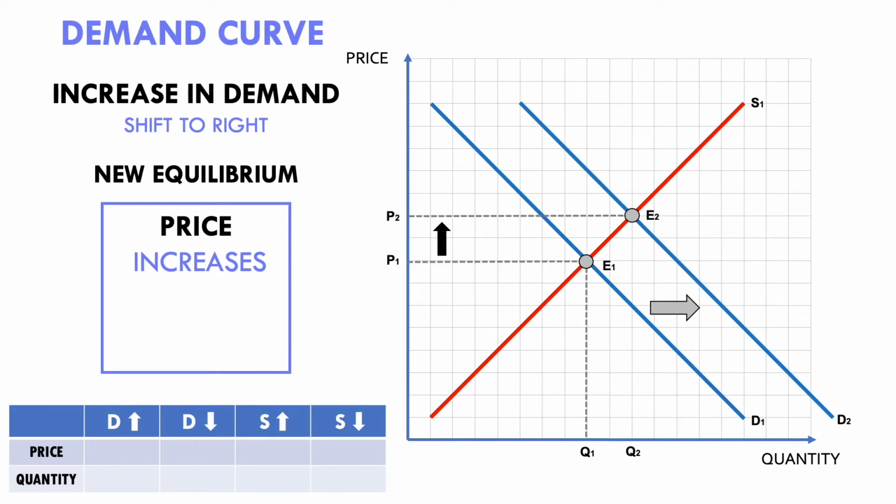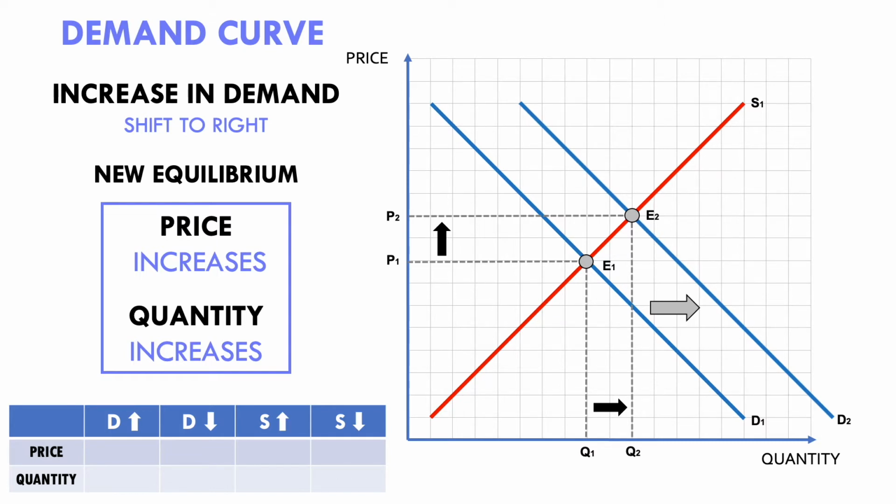At our new equilibrium, our price moves up from P1 up to P2. But at the same time, if we line up our new equilibrium with our quantity axis, we notice that the quantity has also increased. Now at this new equilibrium, more of that product is being supplied and demanded. So if we have an increase in demand, a shift to the right, our new equilibrium has a price increase and a quantity increase.